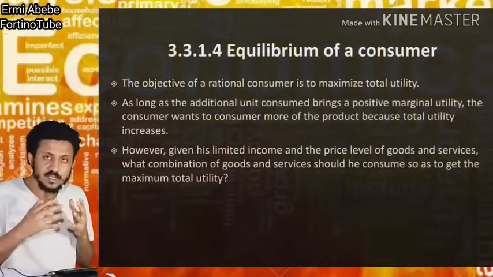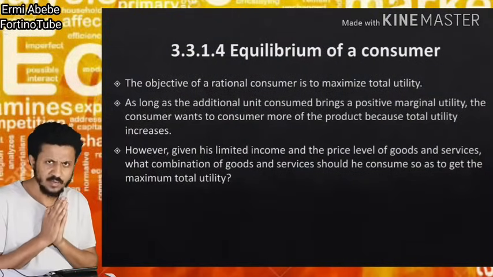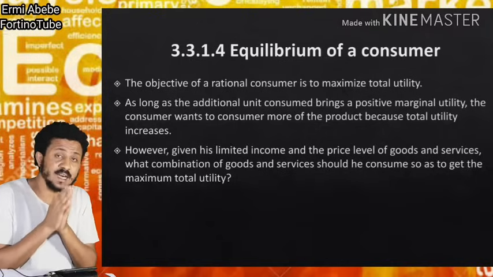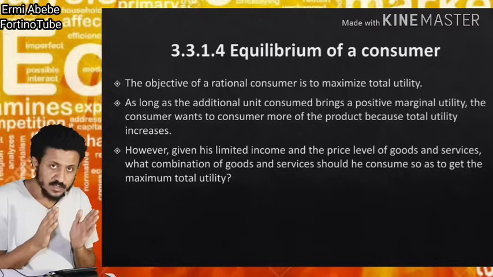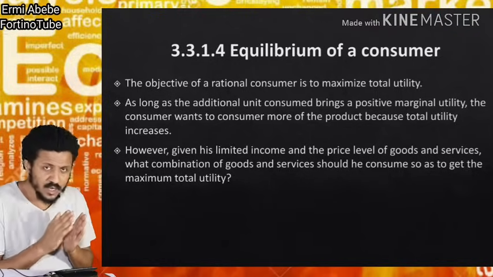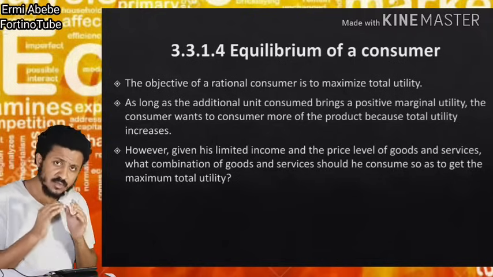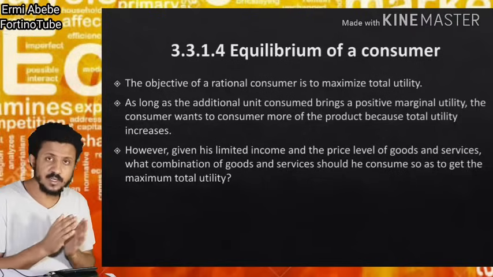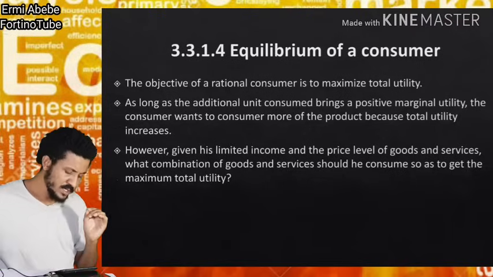The question we have asked is where the consumer's equilibrium is. So when we say the consumption equilibrium, it means the point at which that consumer must stop consumption. After that the consumer should not consume. Why? Because the consumer reached his or her equilibrium of consumption. The consumer must not consume beyond that quantity.